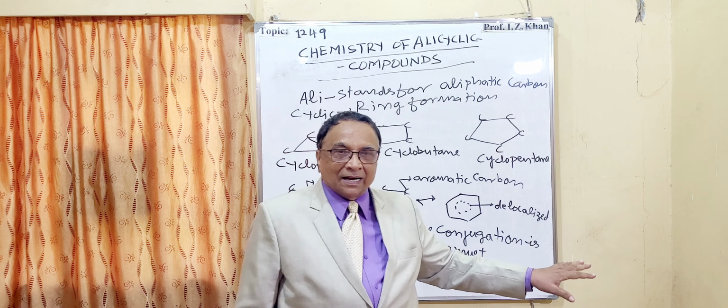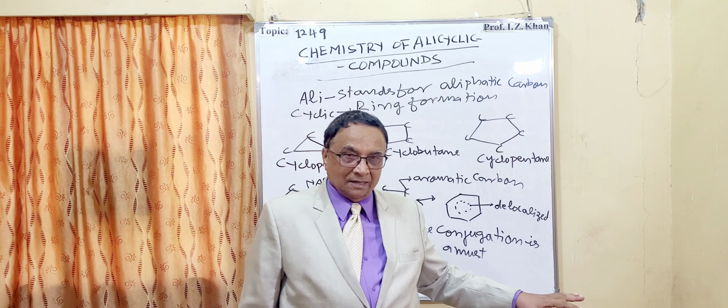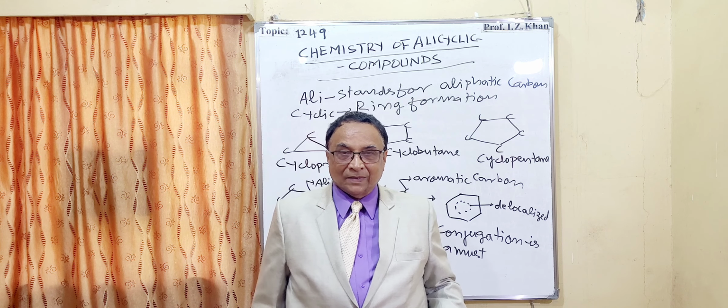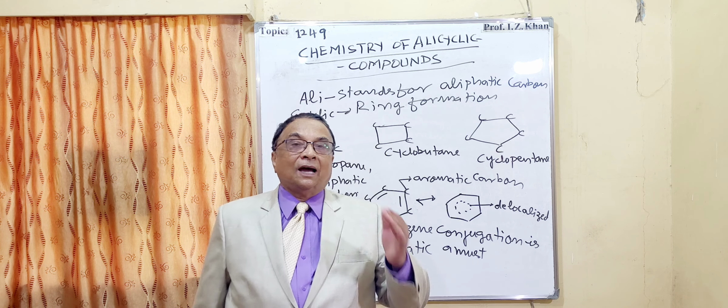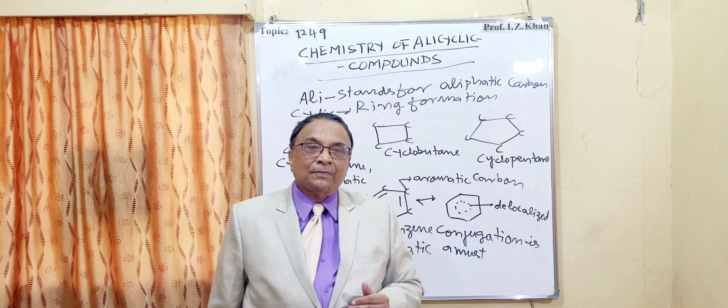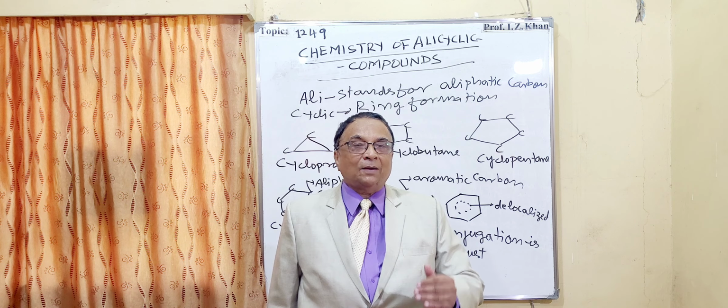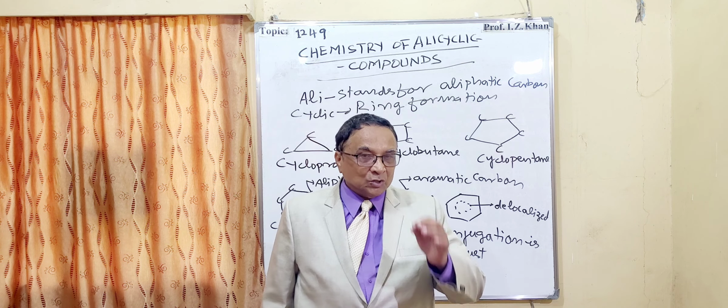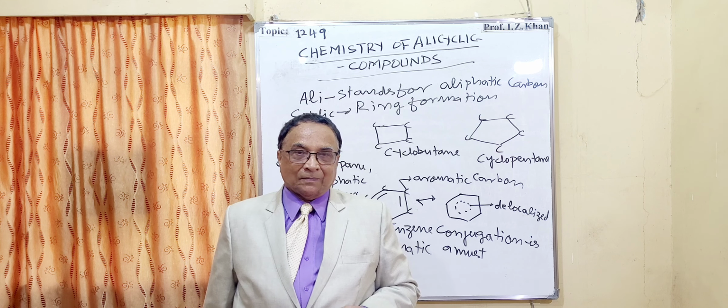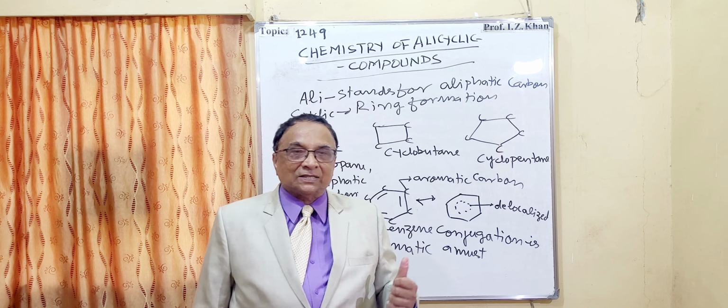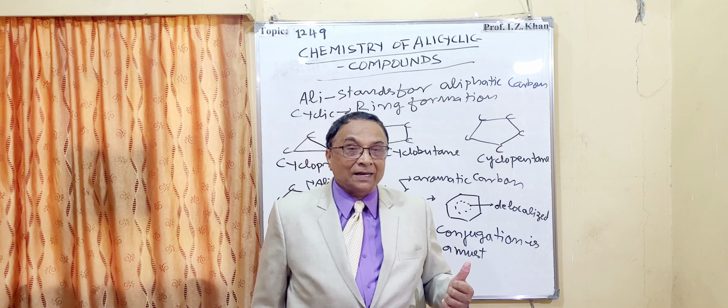So it means they are not alternate. That is called isolated double bond and single bond. So to have aromatic character, to have aromatic carbon, conjugation is a must. And the conjugation is taking place where there are pi electrons.